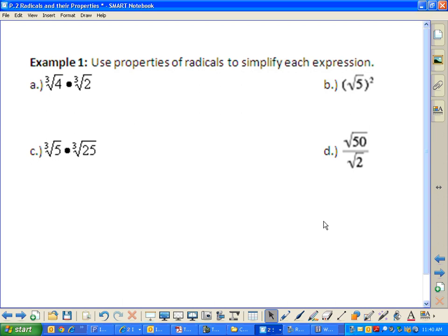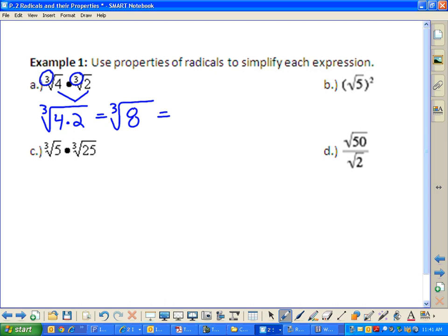What the product property allows me to do is, when these indices are the same, indices, that's the plural for the word index, some of you might notice the root, when those numbers there are the same, we're actually allowed to multiply these together and put them underneath one radical. So the cube root of 4 times the cube root of 2 is actually the same as the cube root of 4 times 2, which is the cube root of 8.